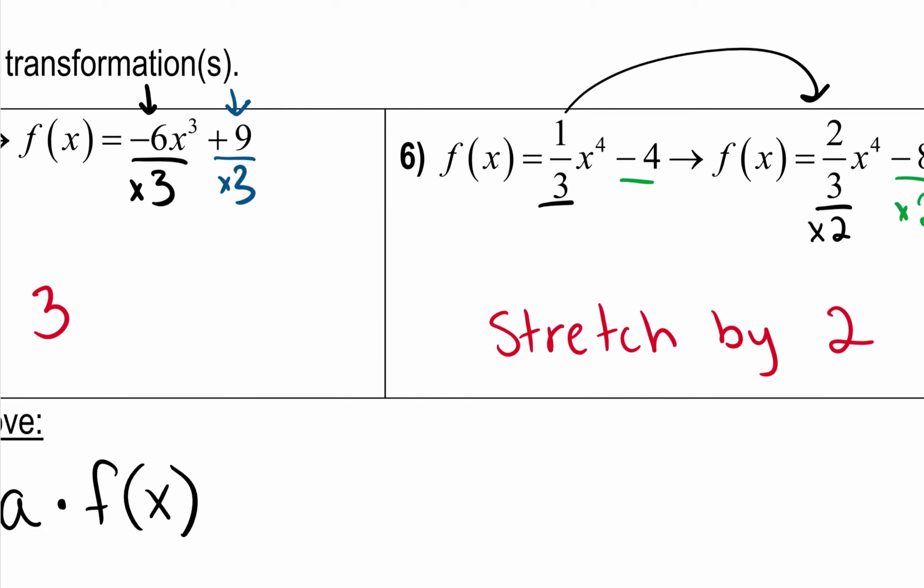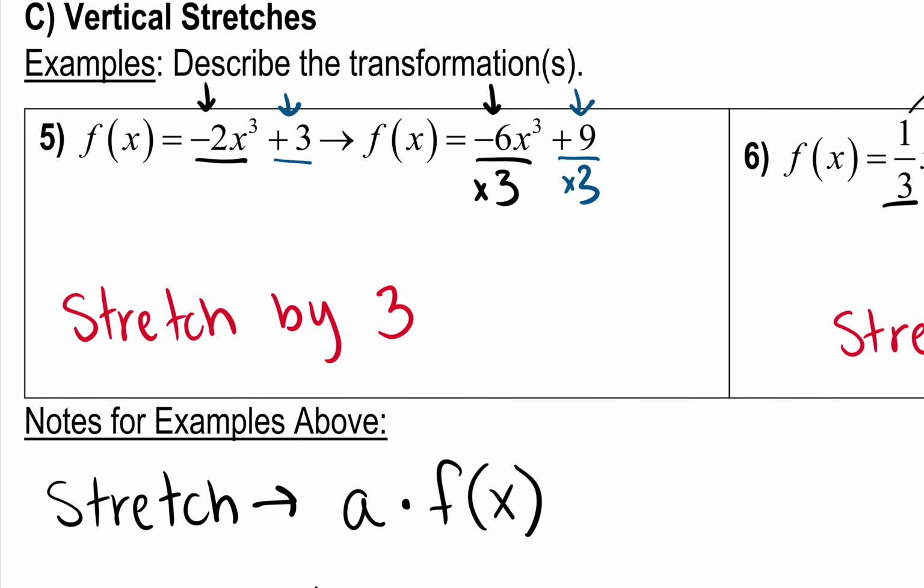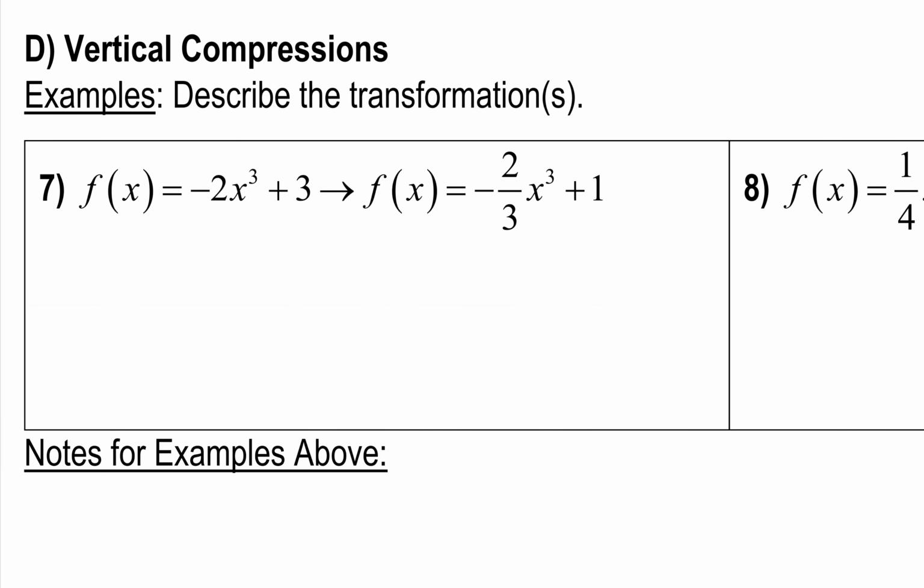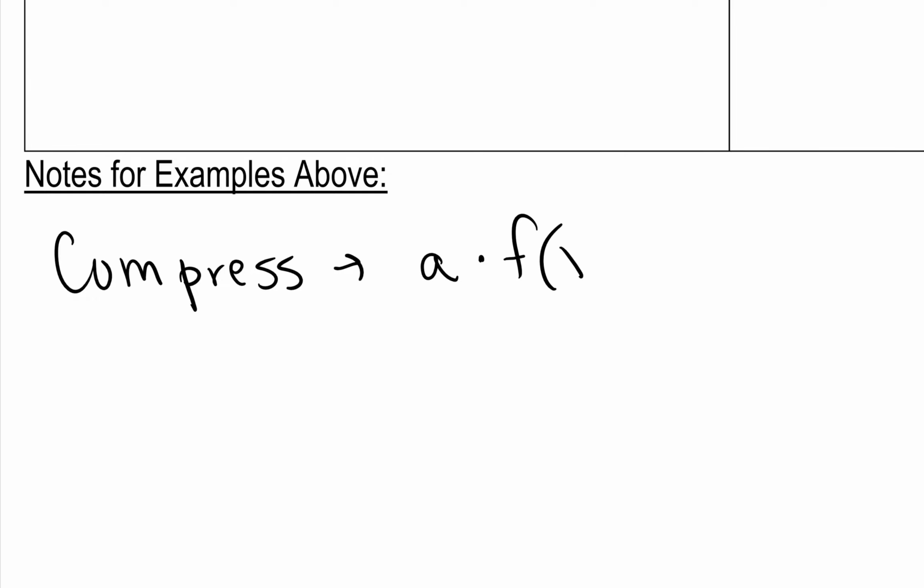So that's vertical stretch. The last one is vertical compress. So notes real quick. I'm going to compress if I have some number times my whole function, but that number is less than 1.